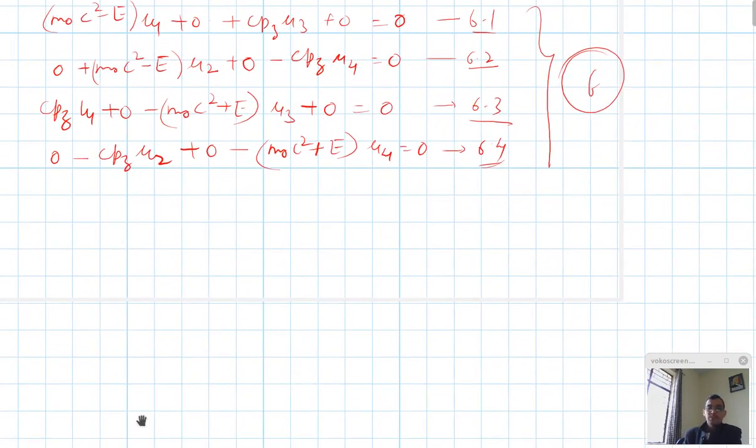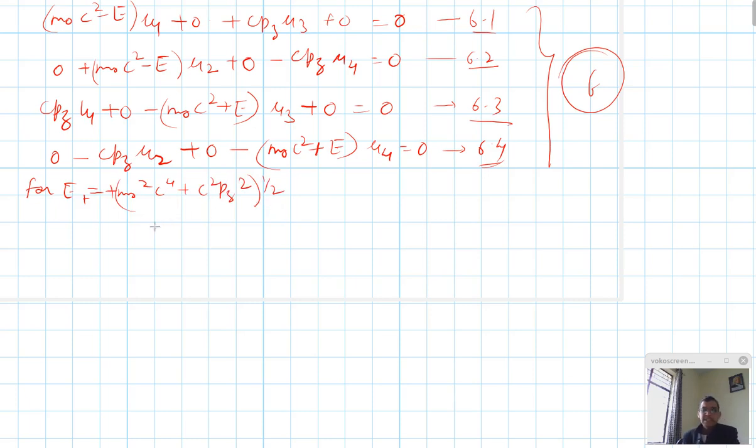Now there are 2 possible solutions. For E equal to E plus, E plus is equal to the square root of m₀²c⁴ plus c²pz², because this is the positive solution.